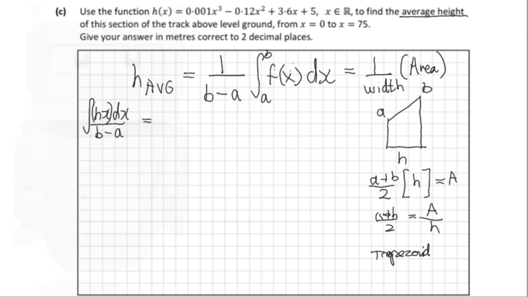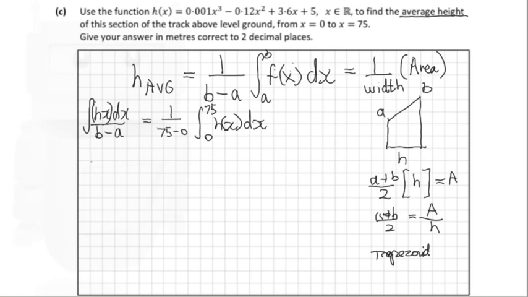We could write it like this: 1 over 75 minus 0, times the integral between 75 upper and 0 lower of h of x dx.